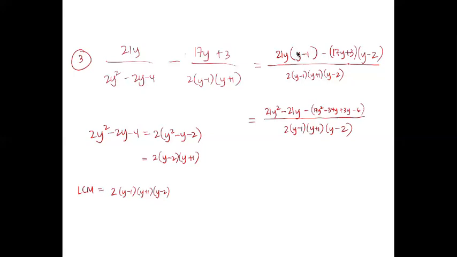The reason why in here we have to multiply it is because there's a subtraction. You have this expression minus this expression, so you have to simplify this. On the other hand, here you just have multiplication in every expression: 2 times y minus 1 times y plus 1 times y minus 2.